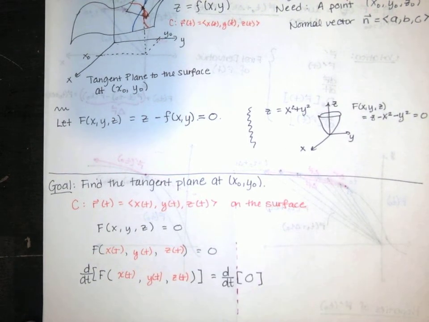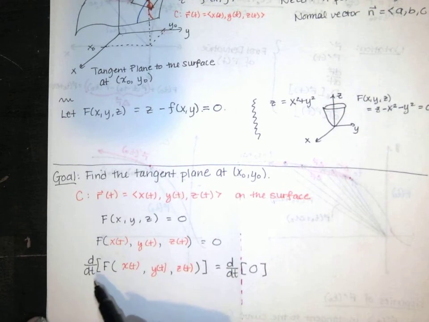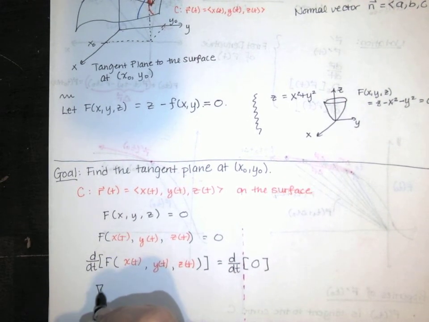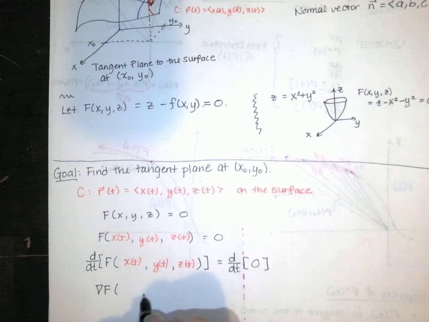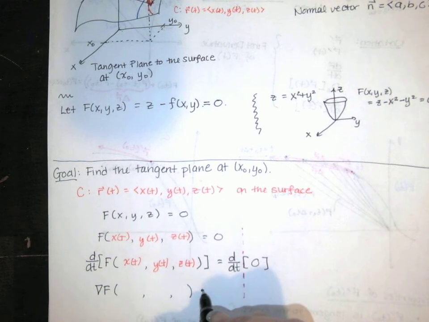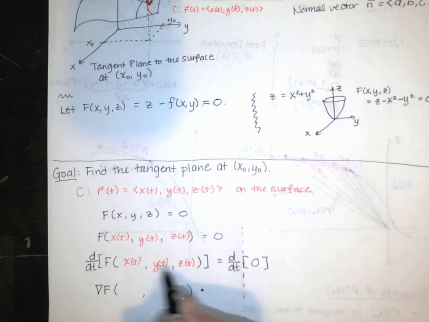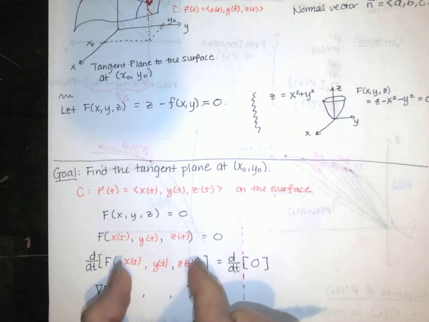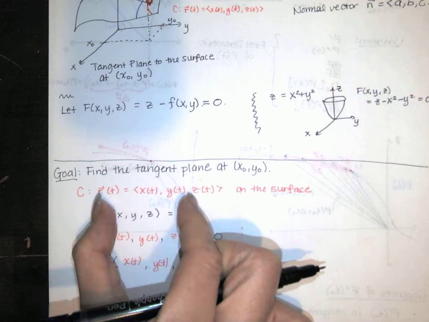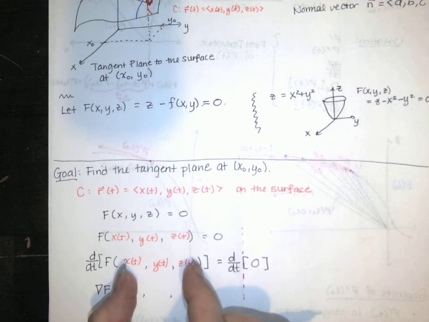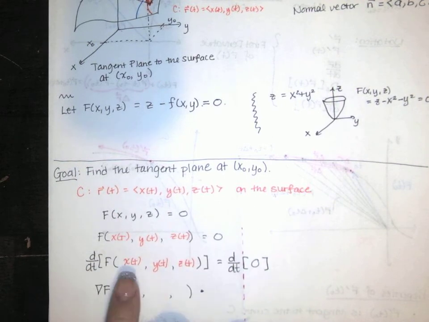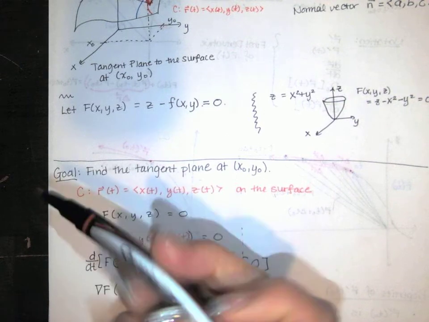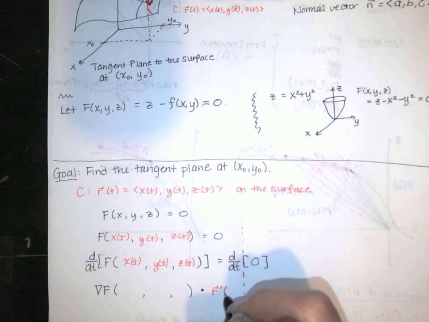Well, according to the chain rule, the derivative of this composite function is the gradient of the outside function, evaluated at the inside function, dotted with the derivative of the inside, and the derivative of the inside, we're going to think of that inside function as r of t, and we're taking the derivative of r of t, so that's going to be x prime, y prime, z prime, or altogether, we'll call that r prime.